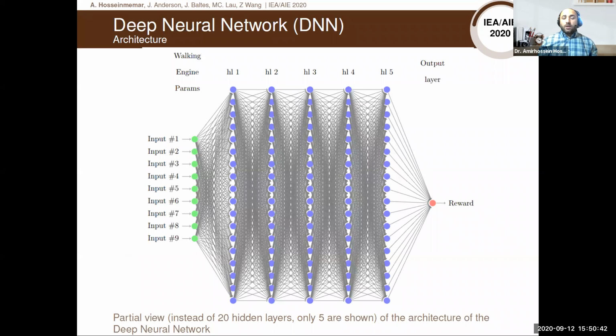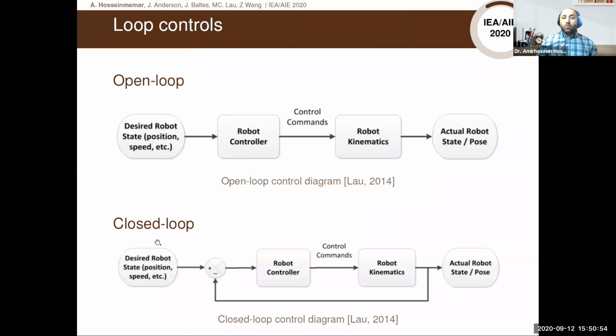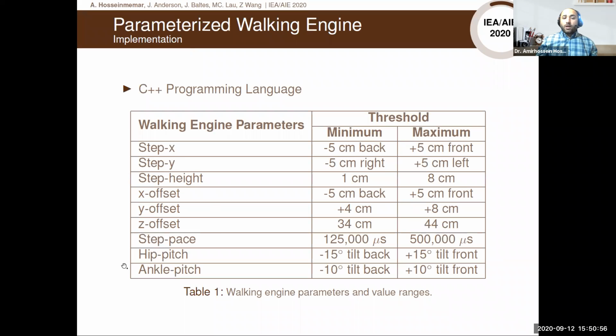Here is an overview of our network. As you can see on the left side, we show inputs 1 to 9. These inputs 1 to 9 refer to the robot's walking engine parameters that I talked about earlier.